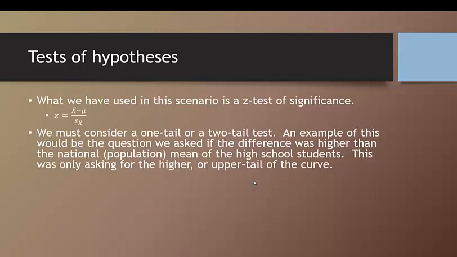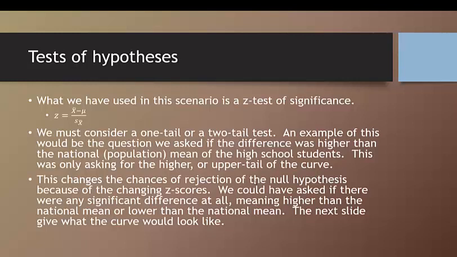Okay. By asking about the higher piece, we're looking at the upper tail of the curve, and so we would want to conduct a one-tailed test. And there's going to be a difference in how we interpret our findings depending on whether it's a two-tailed or a one-tailed. This changes the chances of rejection of the null hypothesis because it changes our z-scores.